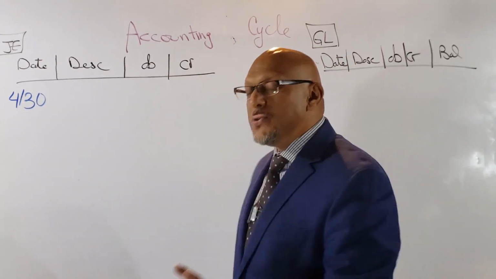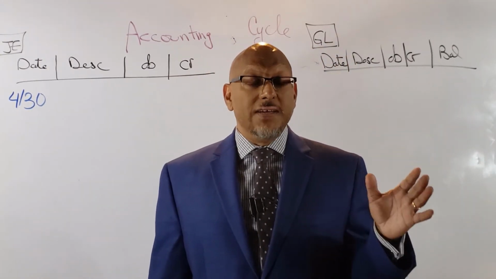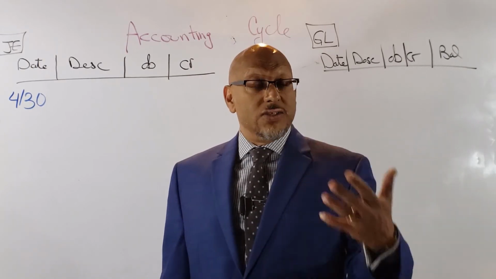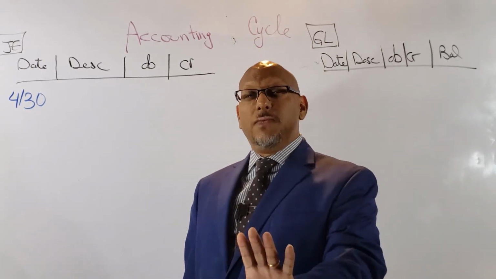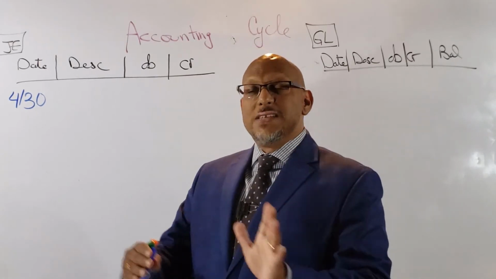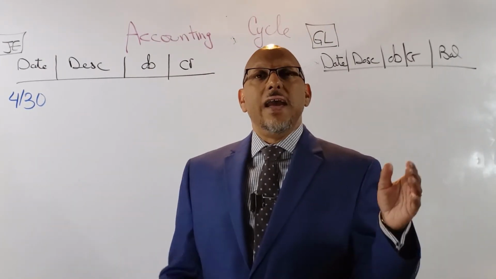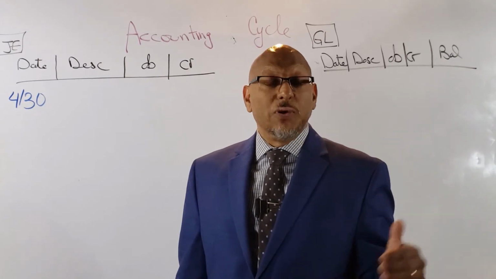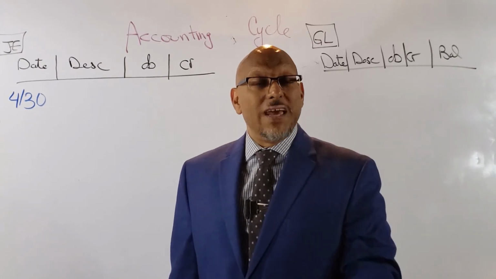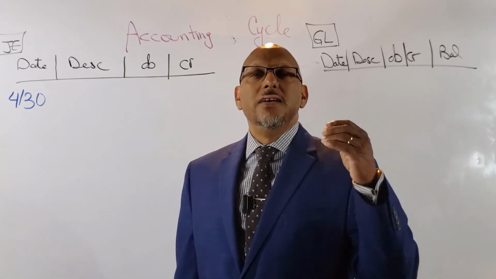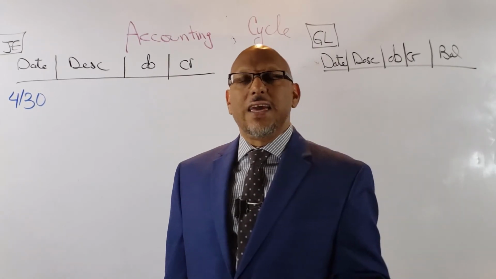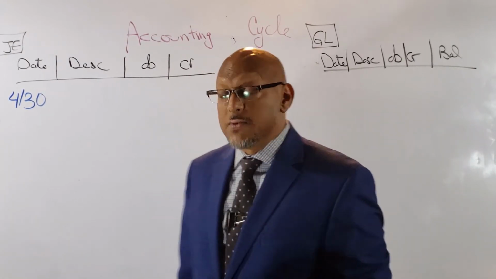Our textbook uses the phrase income summary, so I'll continue to use that, so it's consistent with the textbook. So when you go back and read your textbook, you won't be confused about what I'm saying. But most often we use retained earnings as the account, not income summary. But we're going to use income summary.